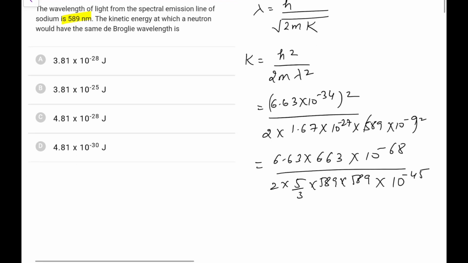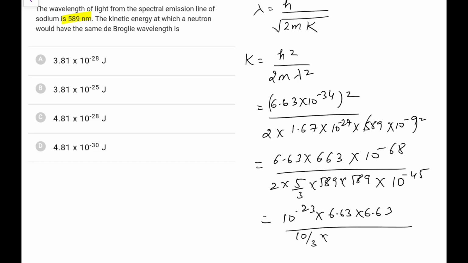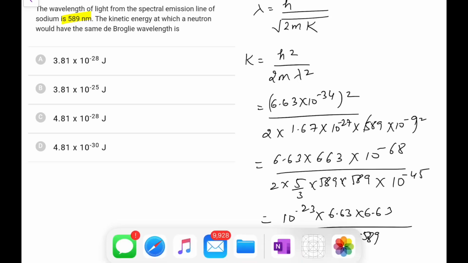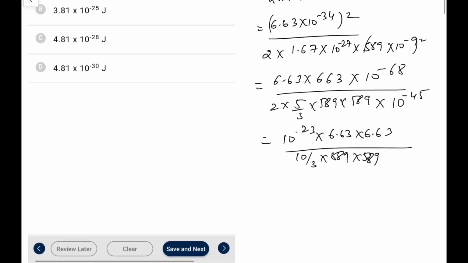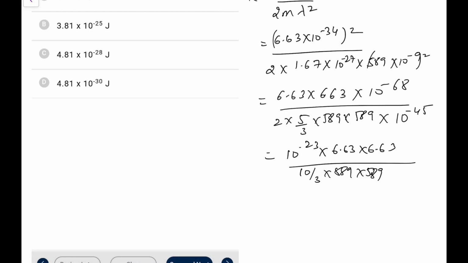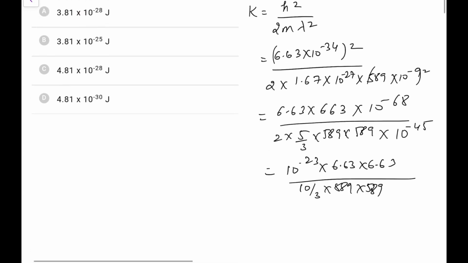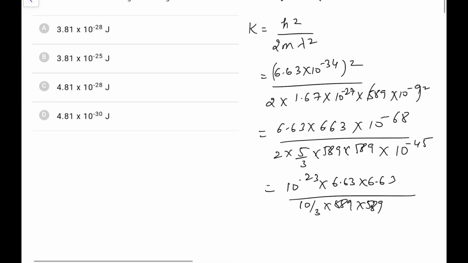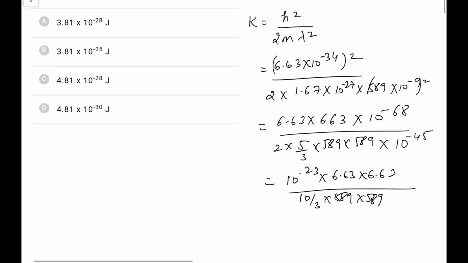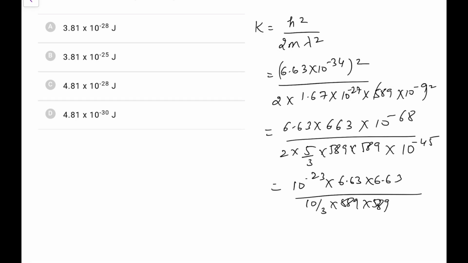So we are left with 10 to the power minus 23 into 6.63 into 6.63 upon 10 by 3 into 589 into 589. So approximately, with 5.89 and 10 to the power minus 4 also coming, it would be 10 to the power minus 28 something, I suppose that would be the answer. And going by this, what would be the digit?